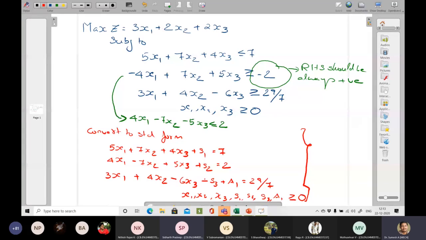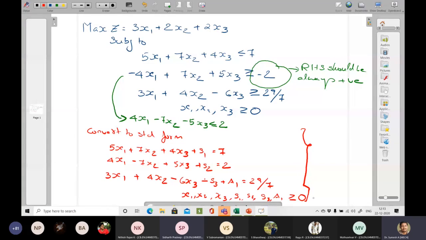Sometimes, if you keep this as -2, then in the replacement ratio, this row will never enter the solution space. It will be -2 by 1, -2 by 2, so it will always come as negative only.